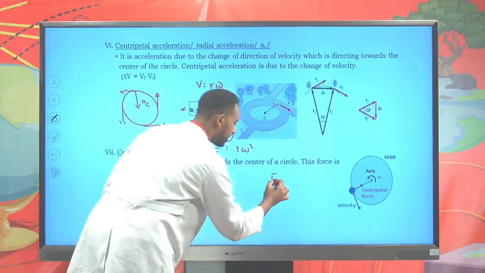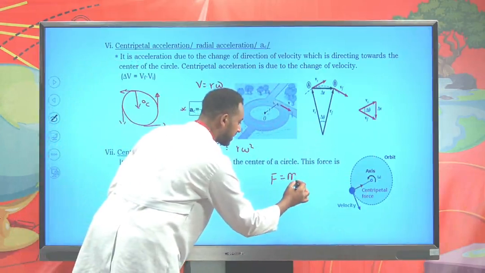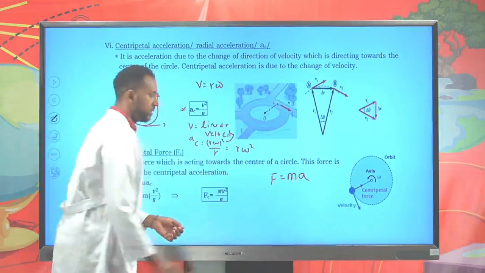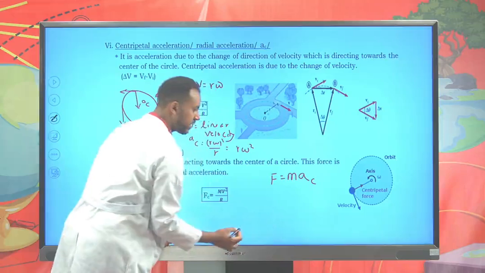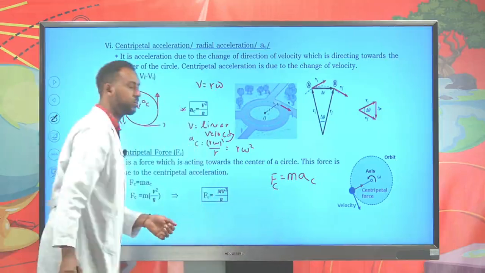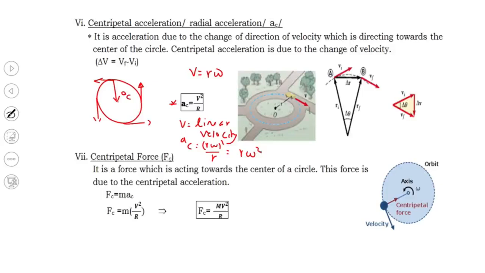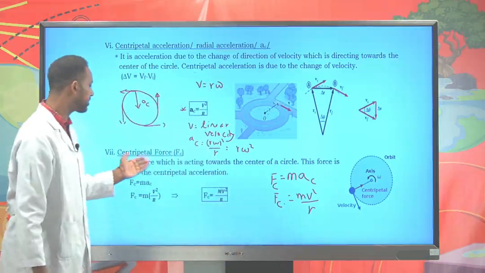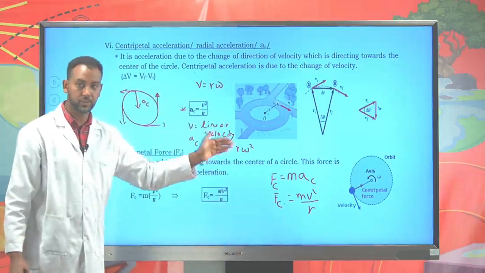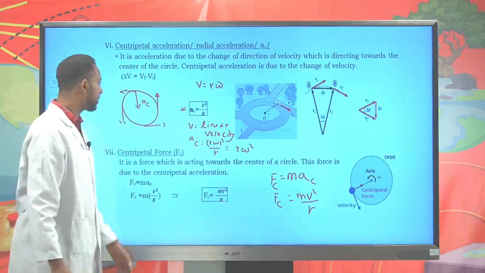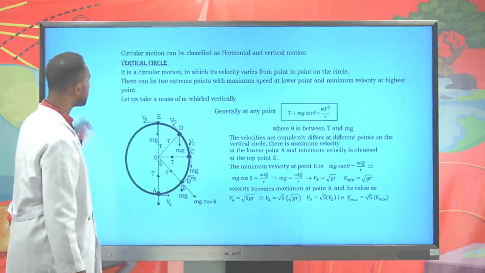We know that generally force can be expressed as mass times acceleration. So mass times centripetal acceleration, or mv squared over r, is the centripetal force, or the force which is acting towards the center. So keep this in your mind.